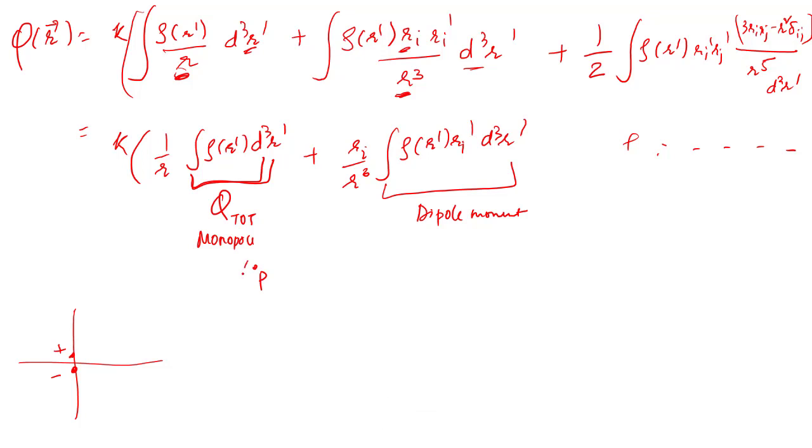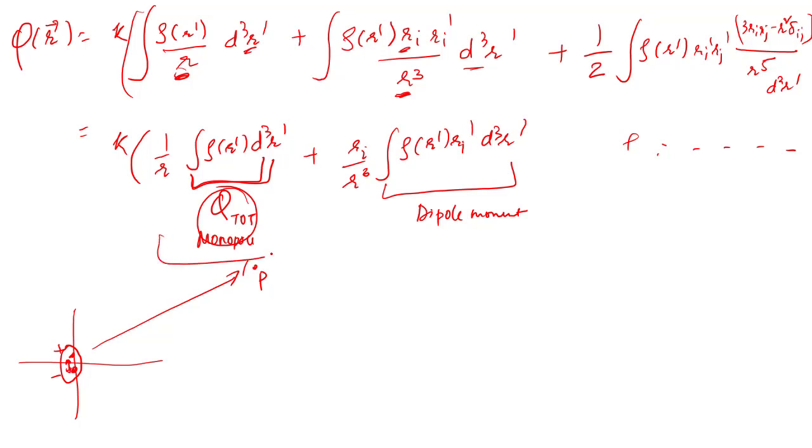From this point, it looks like the total charge is 0, because you have equal positive and negative charges so close together and you are so far away. So it looks neutral, right? But they're not really canceling each other away because they are at some distance, right?